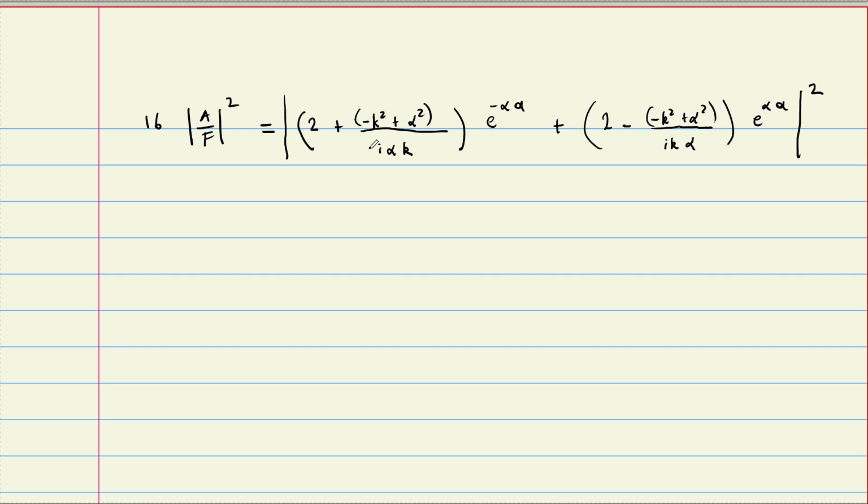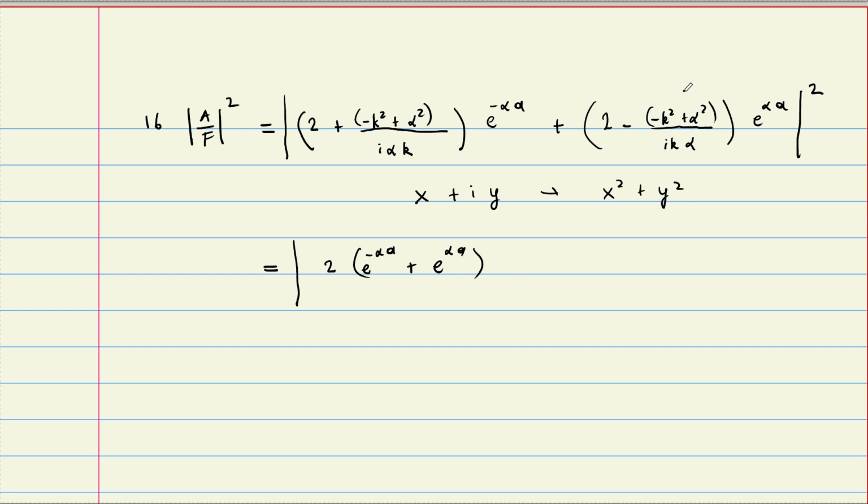So to do this, I am going to do the following. This may look like a messy expression, but at the end of the day, it is going to be some real part plus i times imaginary part, and the absolute value of this thing is going to be x squared plus y squared. This is just a little bit simpler to do. So let's write the real part. The real part is 2 e to the minus alpha a, and there's another one here, plus e to the alpha a.